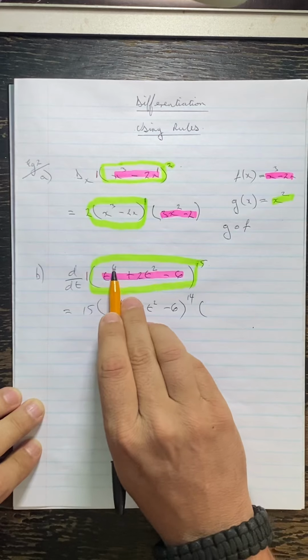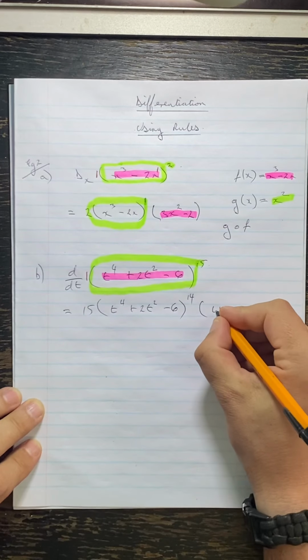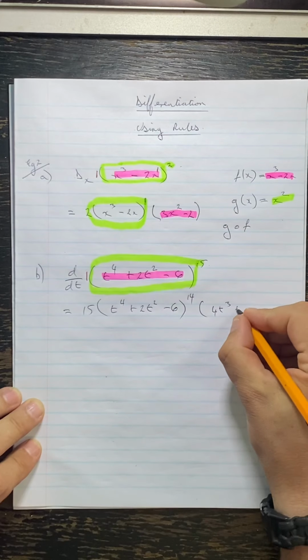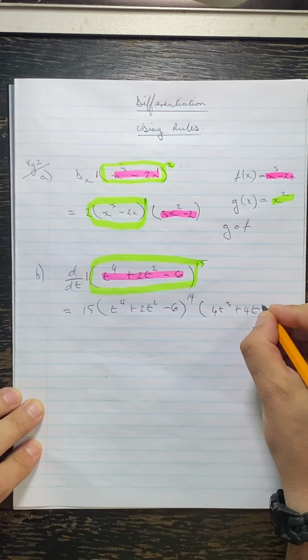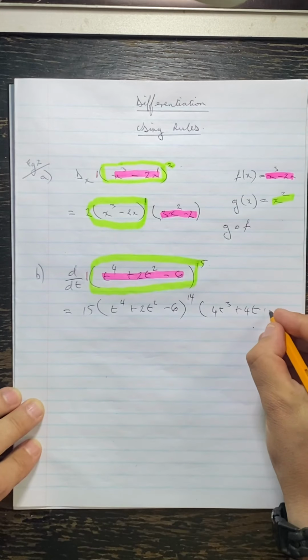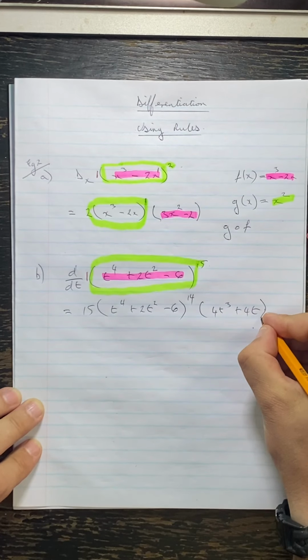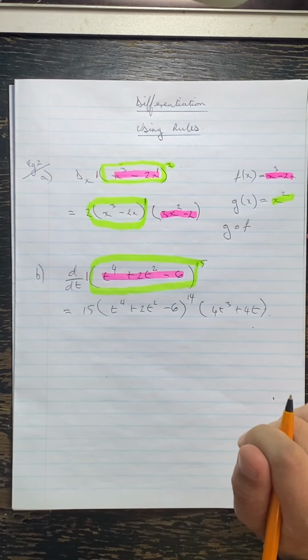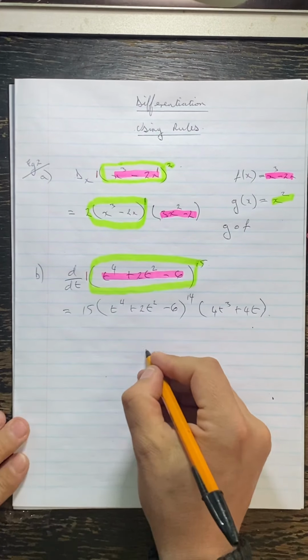The derivative of this would give us 4t cubed plus 4t. Then just remember that the derivative of a constant is 0, so we've got plus 0 there, which I don't have to put. Okay, and there's the derivative of that one. All right, so let's go into question C.